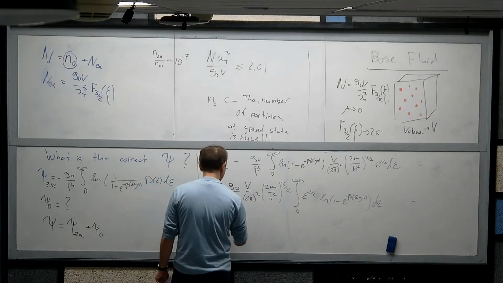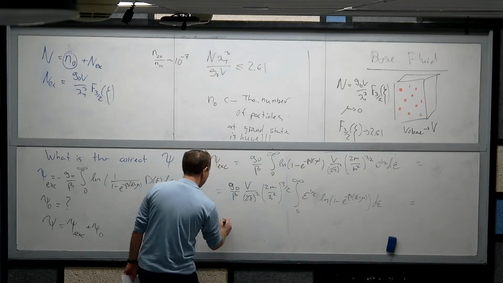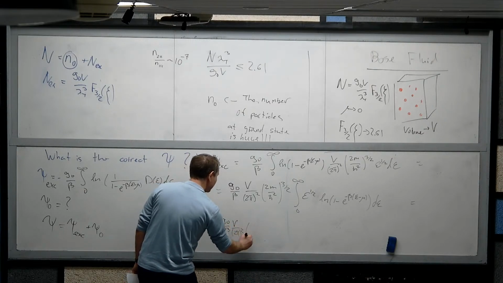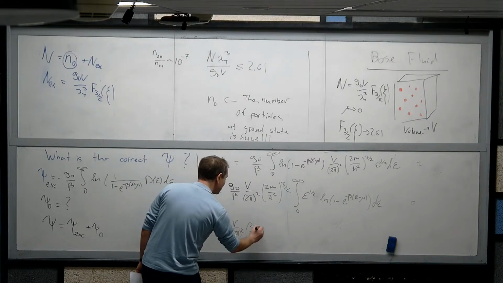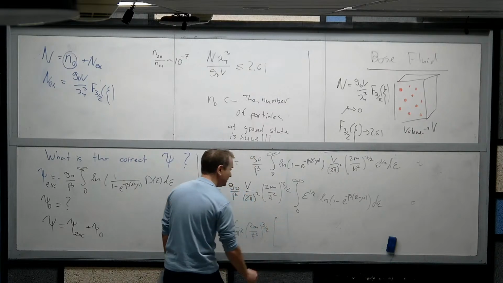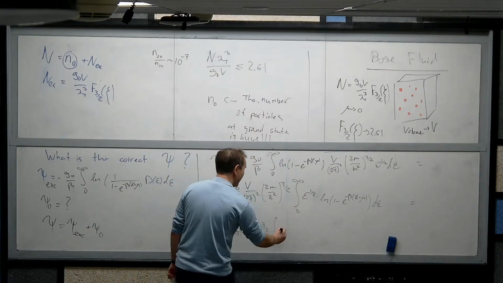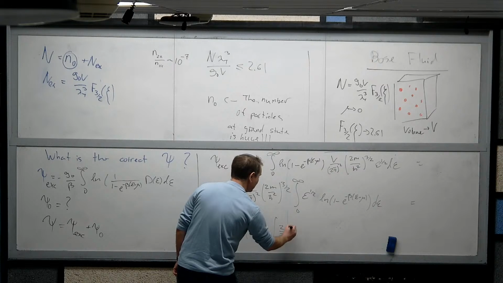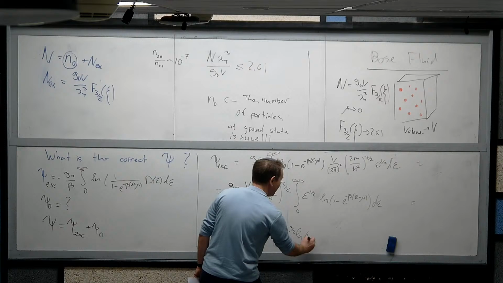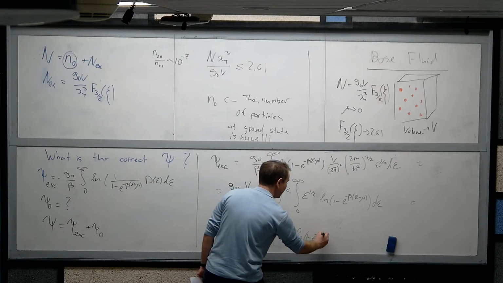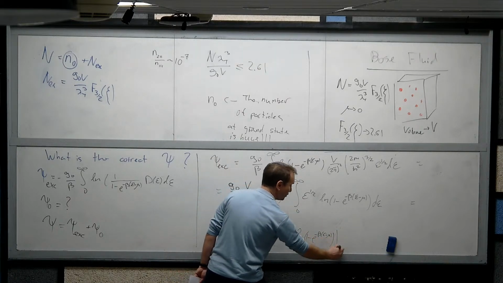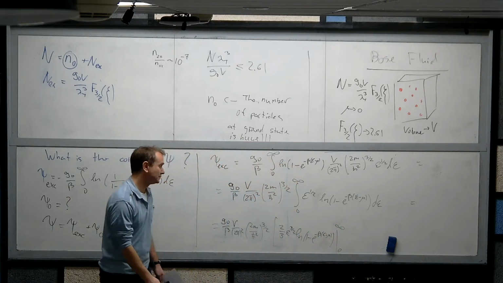So I have 2/3. So we have g0 beta V divided by 2 pi squared, 2m divided by h bar squared to the 3/2. Okay. And here, from this part I have 2/3 epsilon to the 3/2 log of 1 minus e to the power minus beta (epsilon minus mu) in the limits of 0 and infinity.